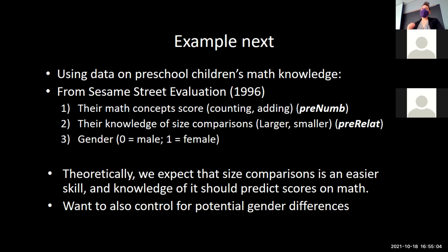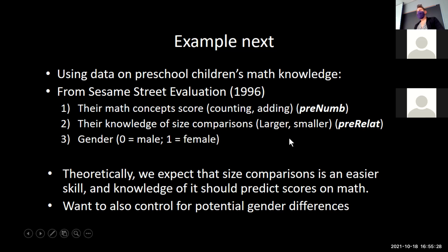Now, theoretically, I would expect that size comparison is a much easier skill for kids to get. And so if you already know size comparisons, it might predict your scores on math. Because the thing about size comparisons is that really, this is just vocabulary. Bigger and smaller, those are just vocabulary words.